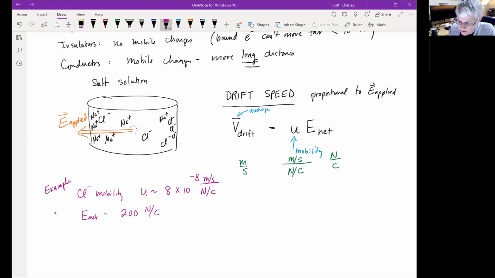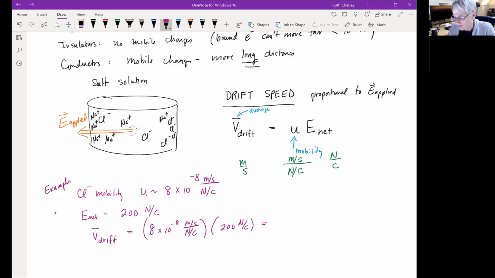So what's affected by this net field? Well, some charge that's at that observation location. Then the average drift speed of a chloride ion would just be the mobility, 8 times 10 to the negative 8 meters per second per newton per coulomb, times the net electric field at the location of the chloride ion, so 200 newtons per coulomb.